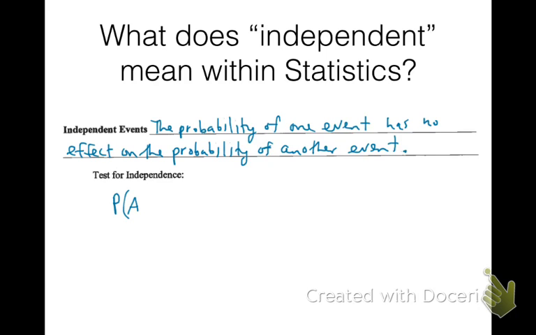If the probability of A given B turns out to be the same thing as the probability of A, then that provides the conclusion that A and B are independent.